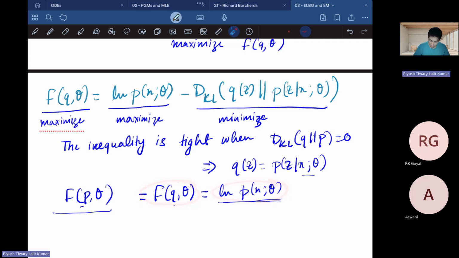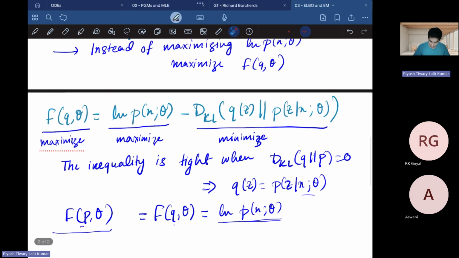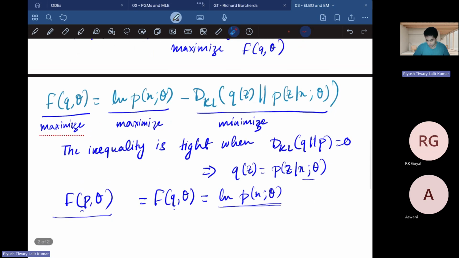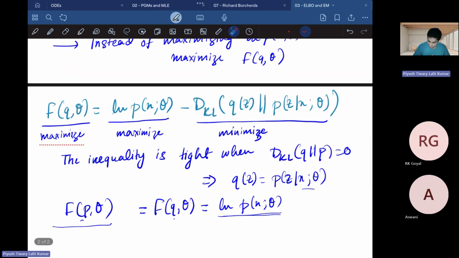So this is a very crucial observation that is what will lead to the EM algorithm, expectation maximization. Maybe I will tell it here. I am hesitating a little bit to tell it here, but let me just say it.